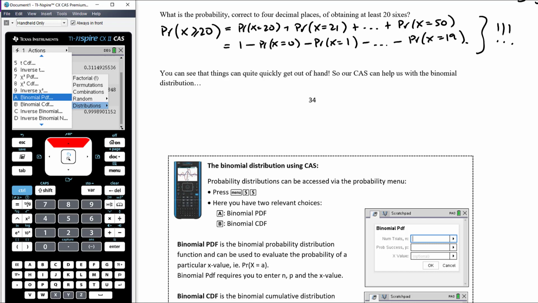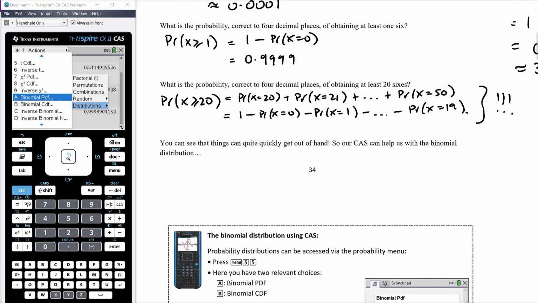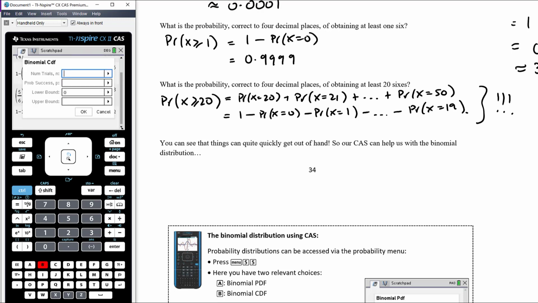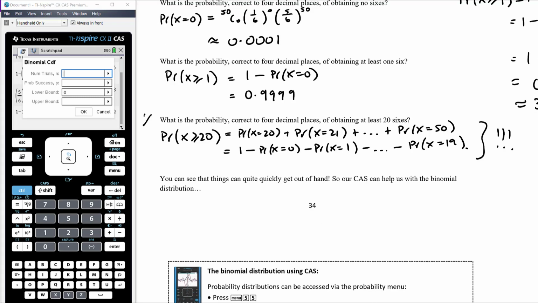If we want to have a look at the example we've just looked at, we would use CDF because we want to look at a cumulative probability from 20, 21, 22, 23, 24, all the way up to 50. So we would choose option B, so it would be menu 55B. Then we need to give it the number of trials. In this problem, we had 50 trials. We need to give it the probability of success. We were rolling a fair die and interested in the number of 6s, so the probability of success was 1/6.